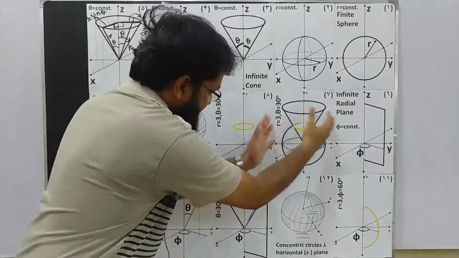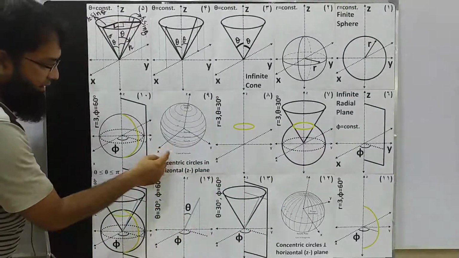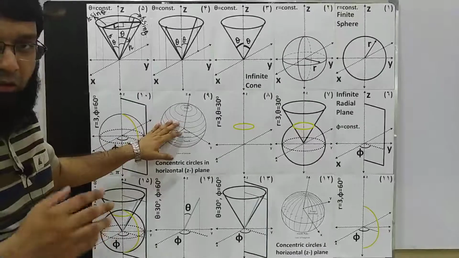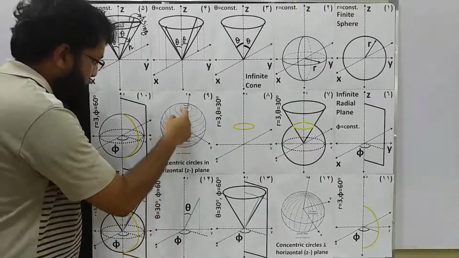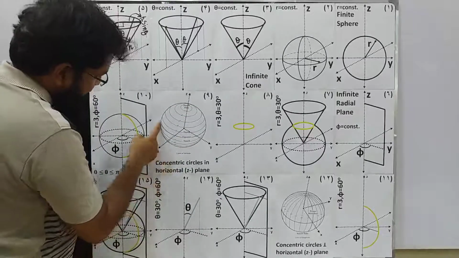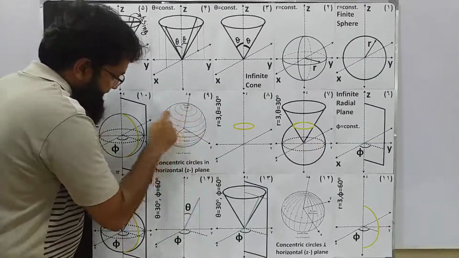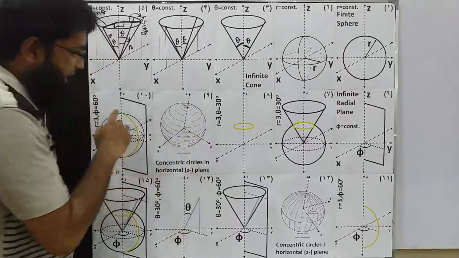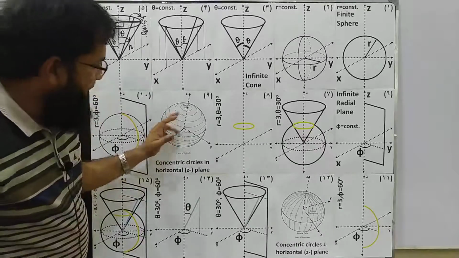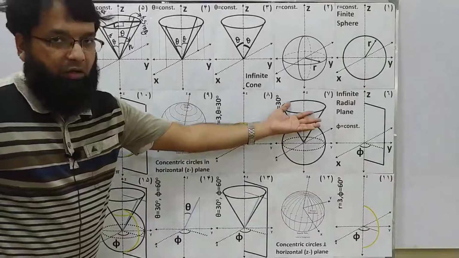So we can have several such circles, just like we have latitude in the case of the Earth's global positioning system. On the globe, you have the North Pole at the top, the South Pole here, and in the middle we have the equator, and then we have these lines. These lines are nothing but the intersection of the surface of the Earth and these infinite cones.